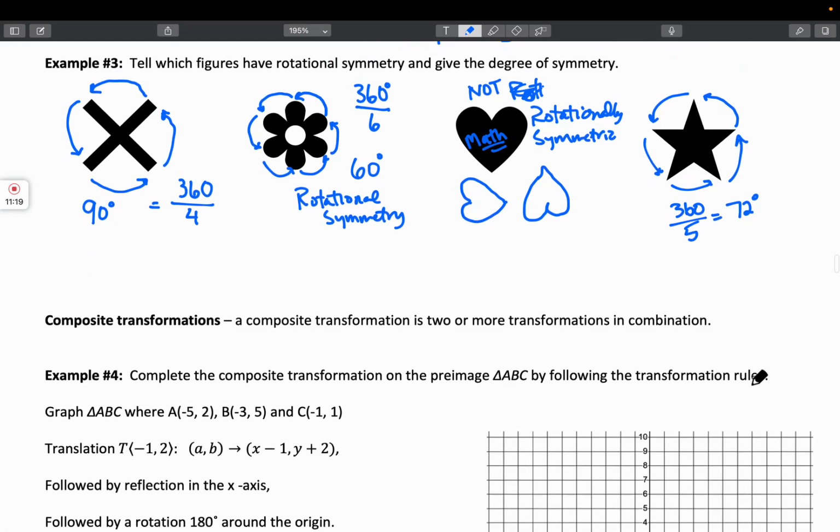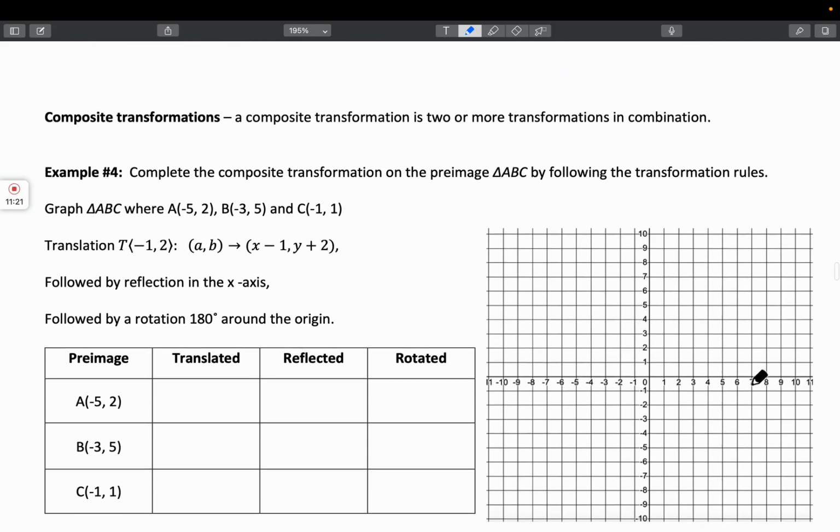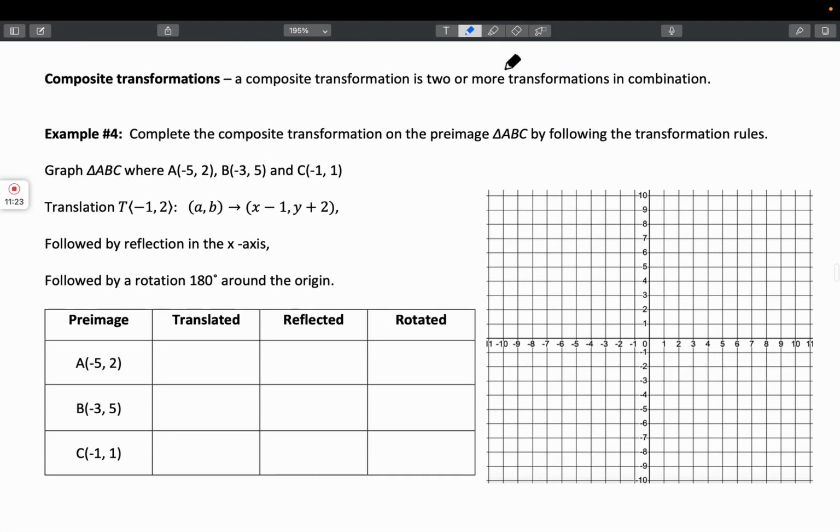All right, guys, just got one more example for today, and this is a composite transformation. Remember, a composite is two or more transformations happening in combination. So here an example for us is to complete this composite transformation on the pre-image triangle ABC following these transformation rules.